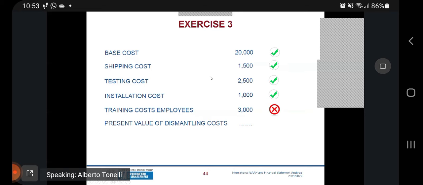But moreover, we need to compute the present value of dismantling cost.